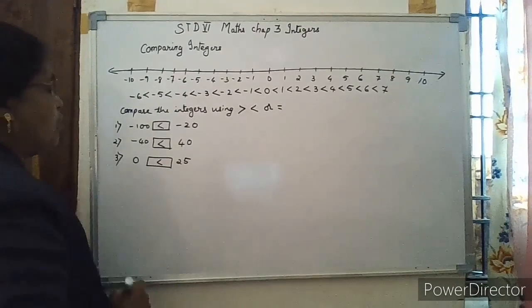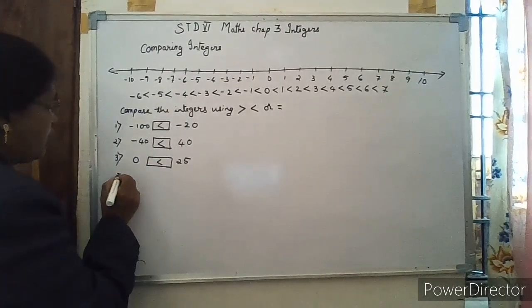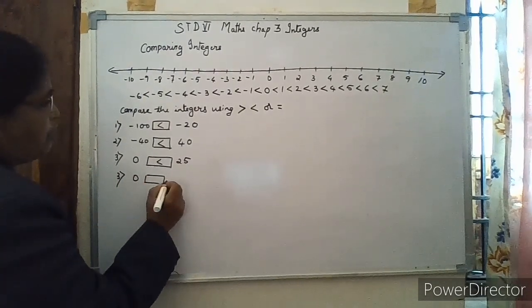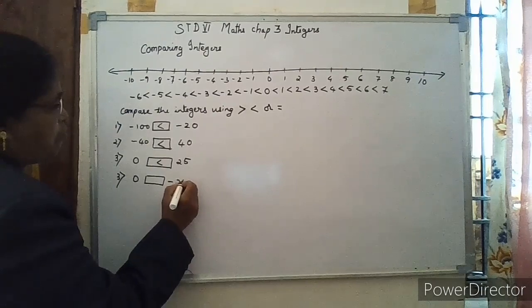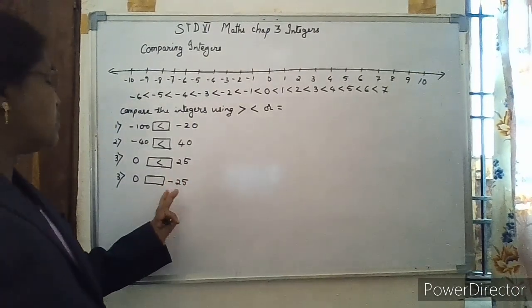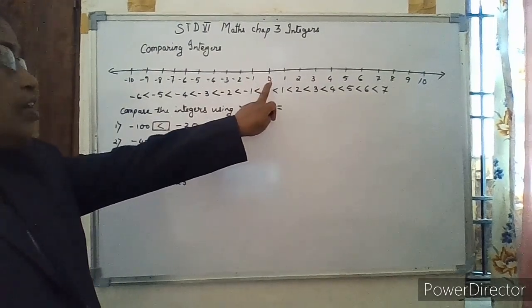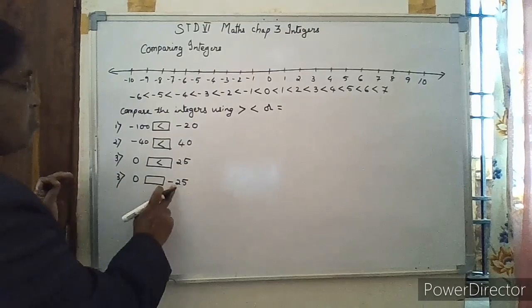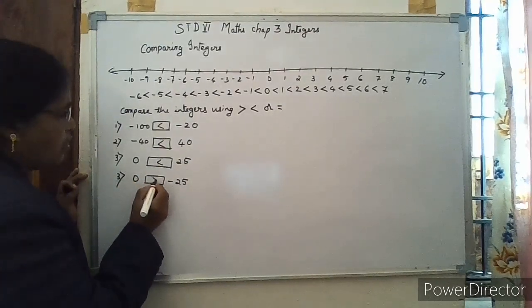Now 0 and a negative number, suppose minus 25. Here 0 is greater than all negative integers. This is a negative integer, therefore 0 is greater.